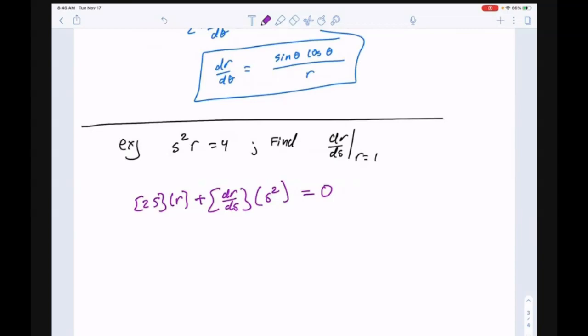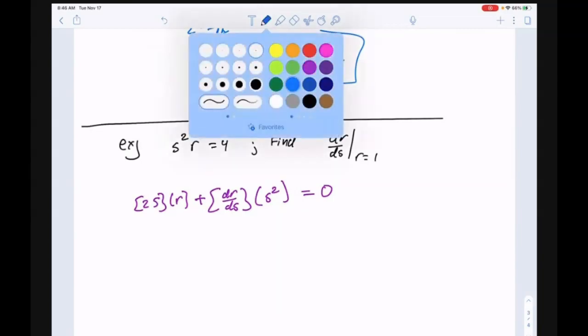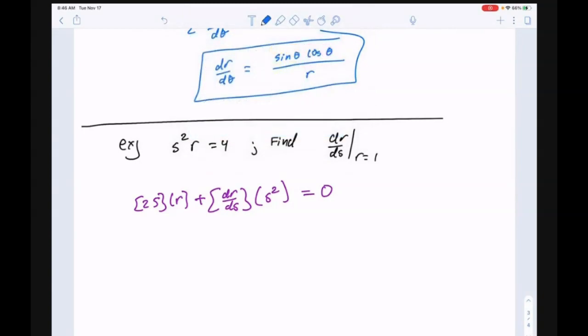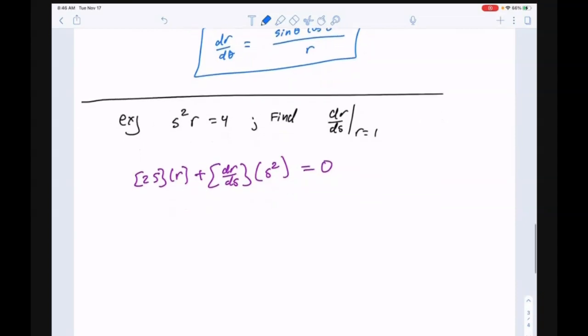Now do we move over the dr/ds to the other side? You could, but I do not recommend doing any of the solving for dr/ds. Would you minus 2sr? I do not recommend doing that because look at what the question is. So you just substitute r of 1?